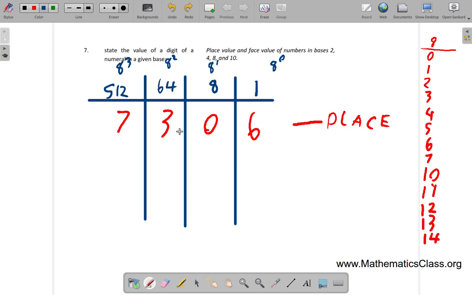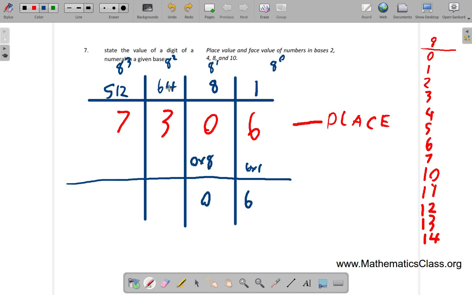So the place value of the digit is telling you how many of these, how many 64s you have, how many 512s you have, and so on. So the place value here is 6 ones, which is 6. Let me draw a little line here. This is saying how many 8s, 0 8s, which is just 0.